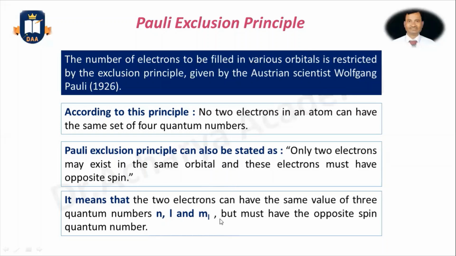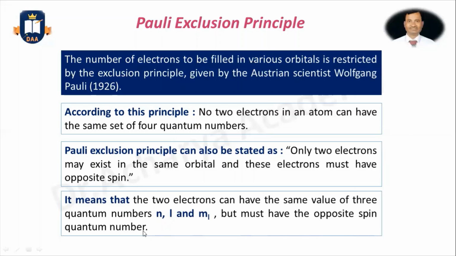And in this case, the spin quantum number is different. We know the spin quantum number ms has only plus half and minus half values. Only 2 possibilities are there, plus half and minus half, which are opposite spins. And this is called the opposite spin quantum number.